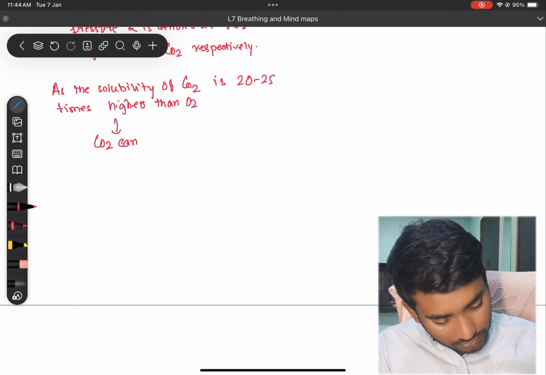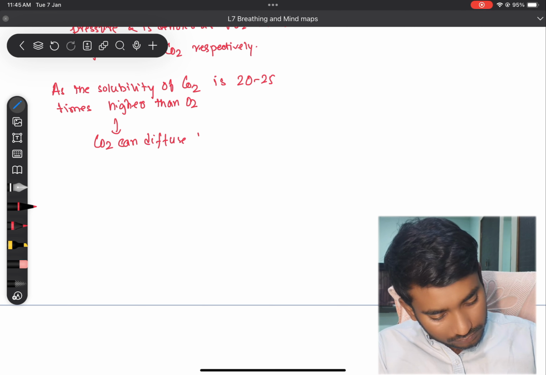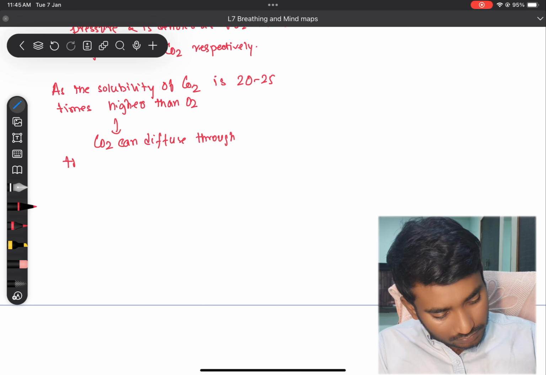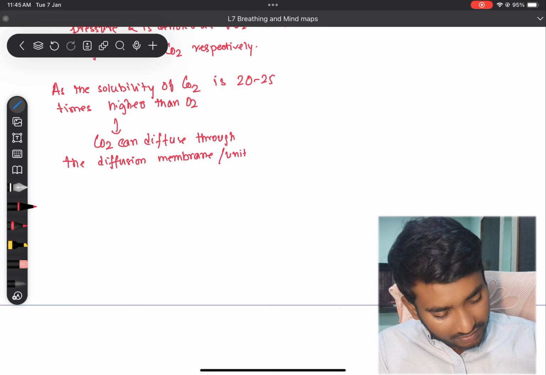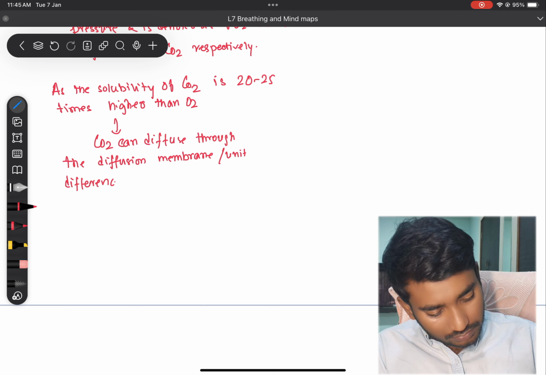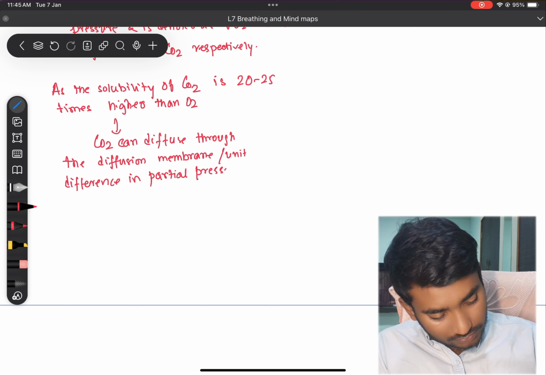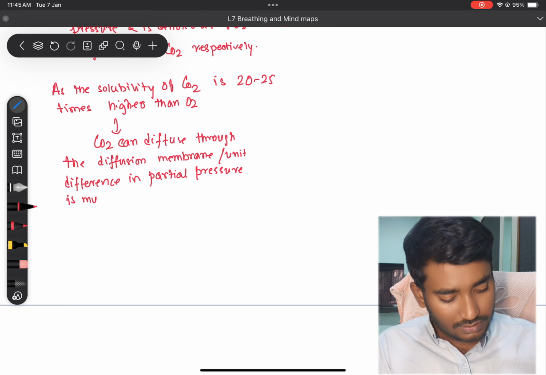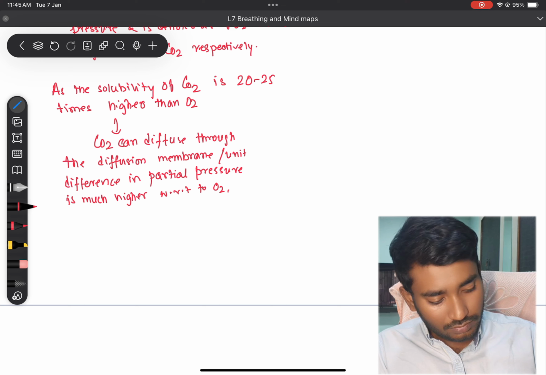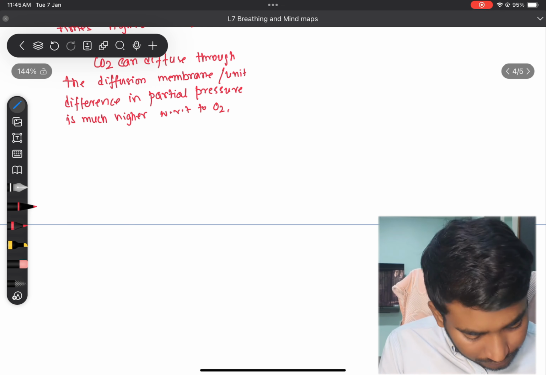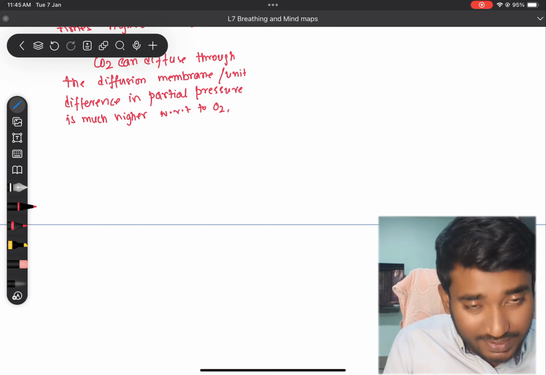CO2 can diffuse through the diffusion membrane per unit difference in partial pressure much more than O2. Now, the diffusion membrane is made up of 3 layers.